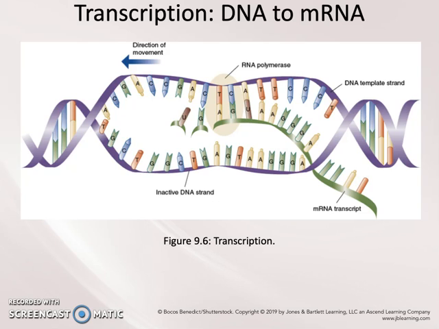Rather than take the really important cookbook into the kitchen, where it could get damaged or destroyed, the cell makes a copy of the recipe that it's going to use, which we call RNA, and then it makes the proteins, the recipe itself, from just the RNA molecule that it copied.